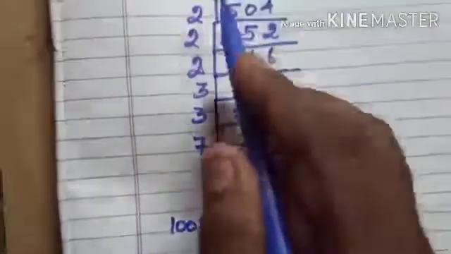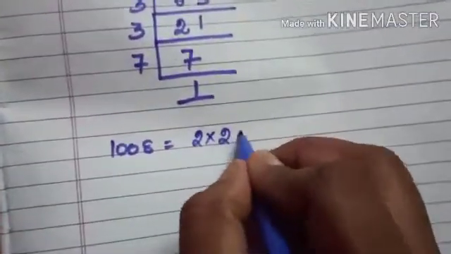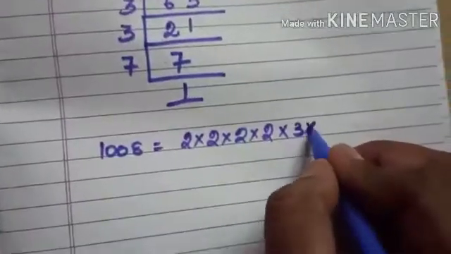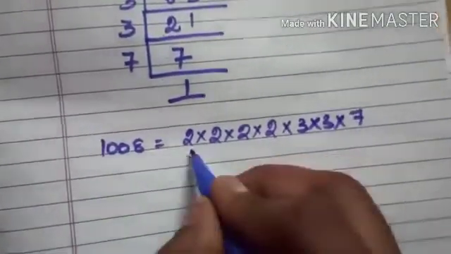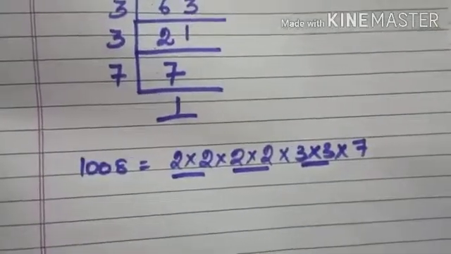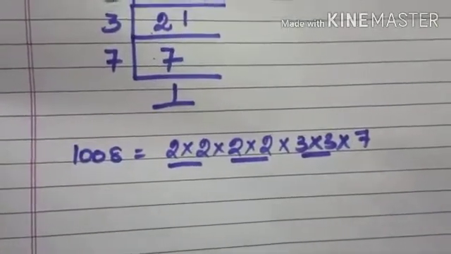1008 is equal to how many 2s? 4. How many 3s? 2. And then 7. Here 7 comes without a pair.